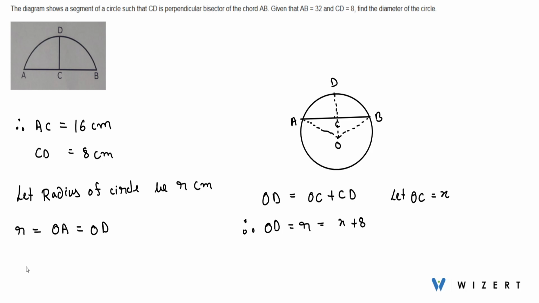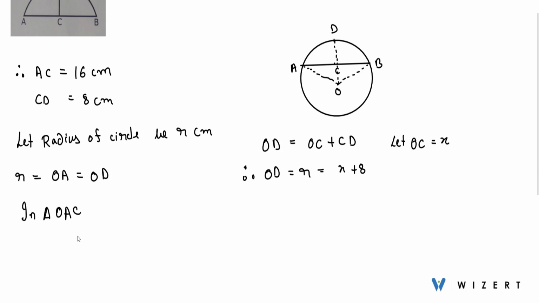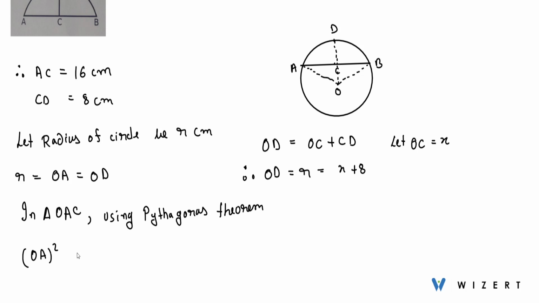Again in triangle OAC, since it is right angled at C, we can use Pythagoras theorem. Using Pythagoras theorem, we will get OA square equals OC square plus AC square, right?